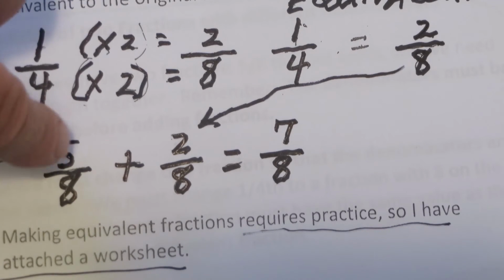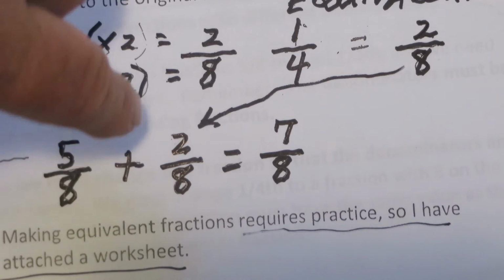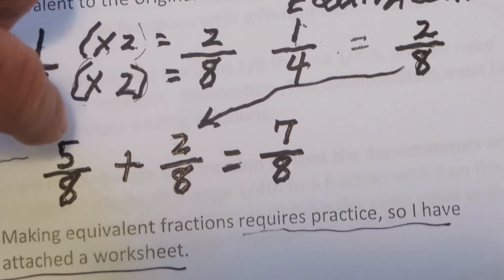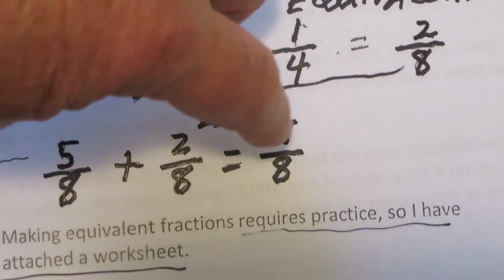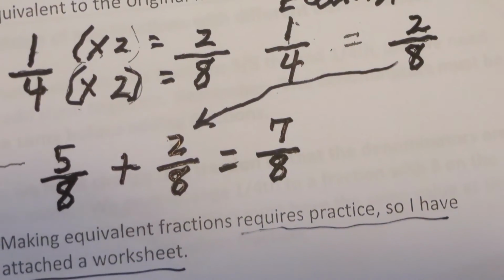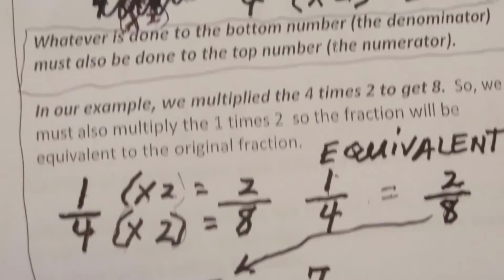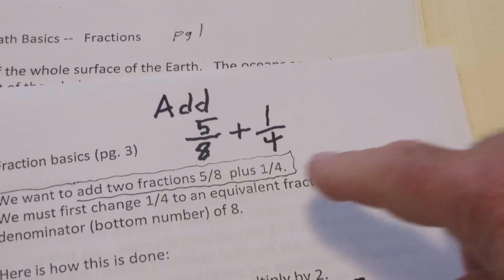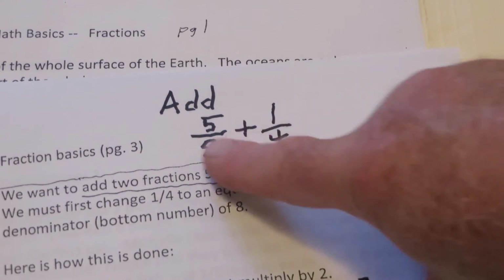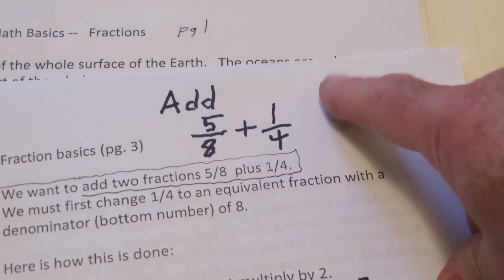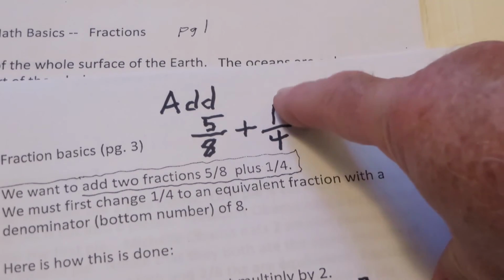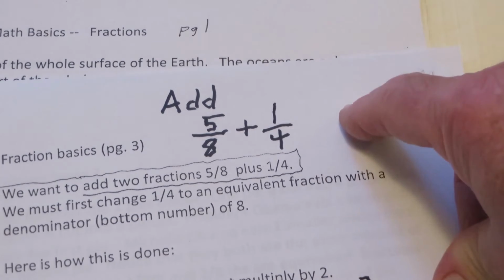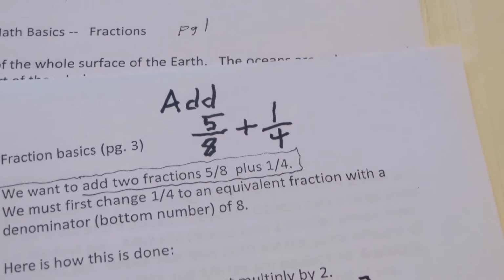And so now we can add 5/8 plus 2/8. We add the 5 and the 2, we get 7. So our answer is 5/8 plus 2/8 is 7/8. So our original problem was 5/8 plus 1/4. And our answer would be 7/8, because we changed this to an equivalent fraction, but we added them and we got 7/8. Okay.